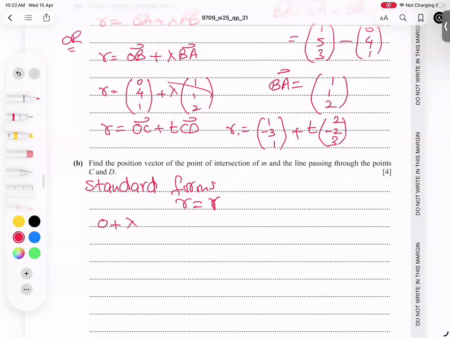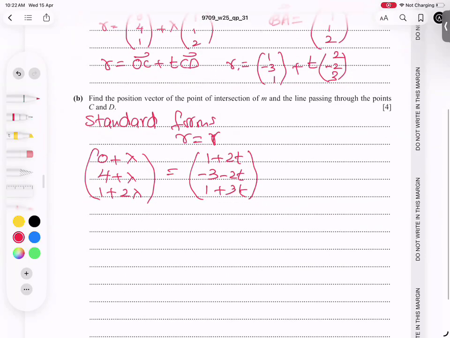What about this? 4 plus lambda and 1 plus 2 lambda. This is one line, line M, and now the CD line. I can do the same process here: this 2t and plus 1. So I'm getting 1 plus 2t and negative 3 minus 2t and 1 plus 3t.